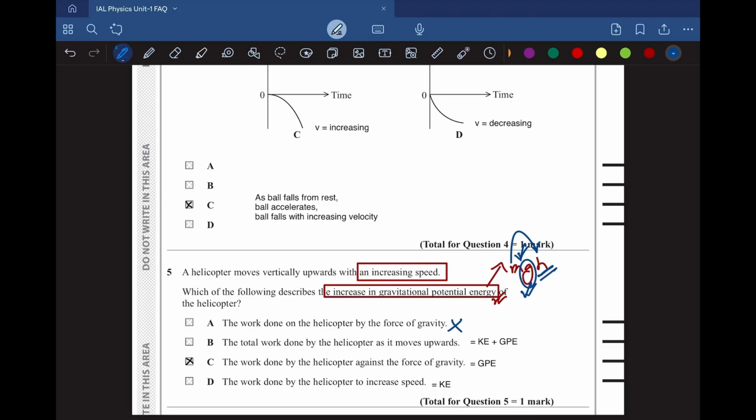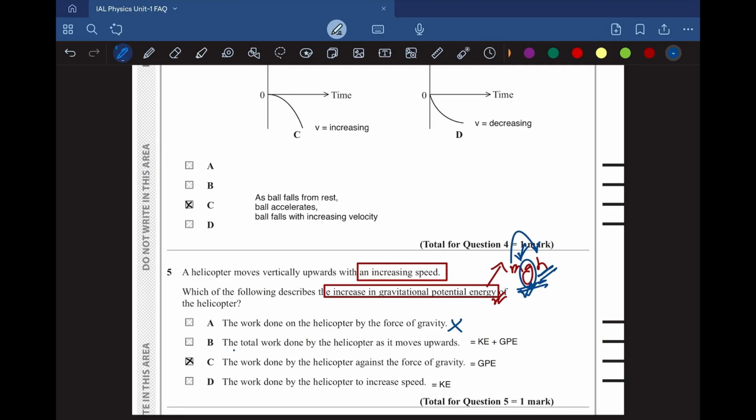The total work done by the helicopter as it moves upwards. This is a very confusing part, because it says work done by the helicopter, and we know the helicopter when it was moving up was doing work, right?